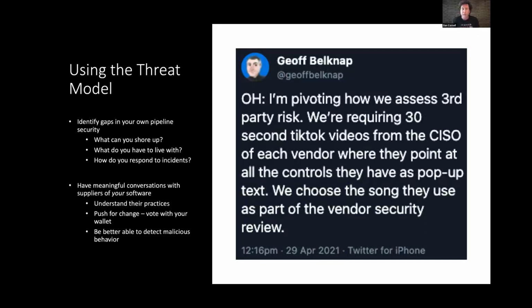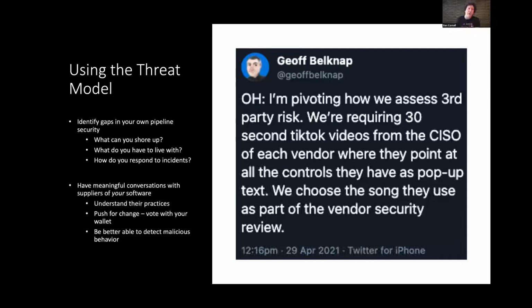What do we do if we find out that we've accidentally included a component with a backdoor? What's the implication if we find out that a build server, a long-lived virtual machine, has had some sort of compromise? How does that flow downstream? That's a lot better to know before there's a problem than once there is a problem.